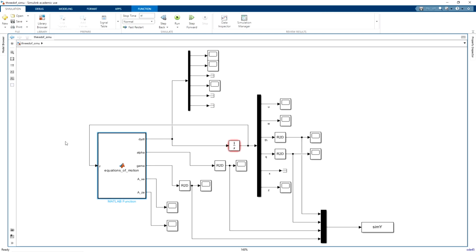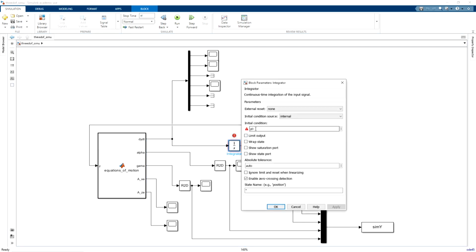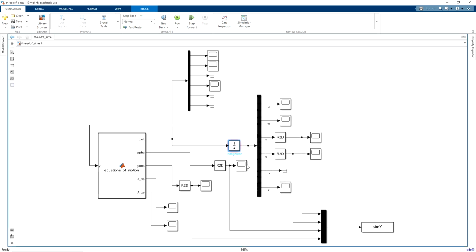So I'm not going to write this code from scratch, since I have already explained in the last week how to do this. And see here we are actually integrating these equations. I have written initial conditions y naught, and it is giving me a vector u, w, theta, q, x and z. All right.